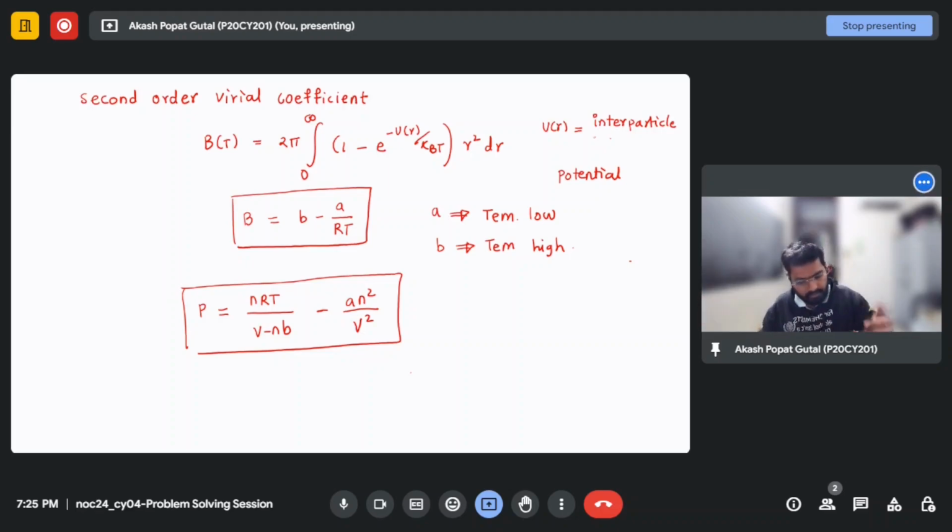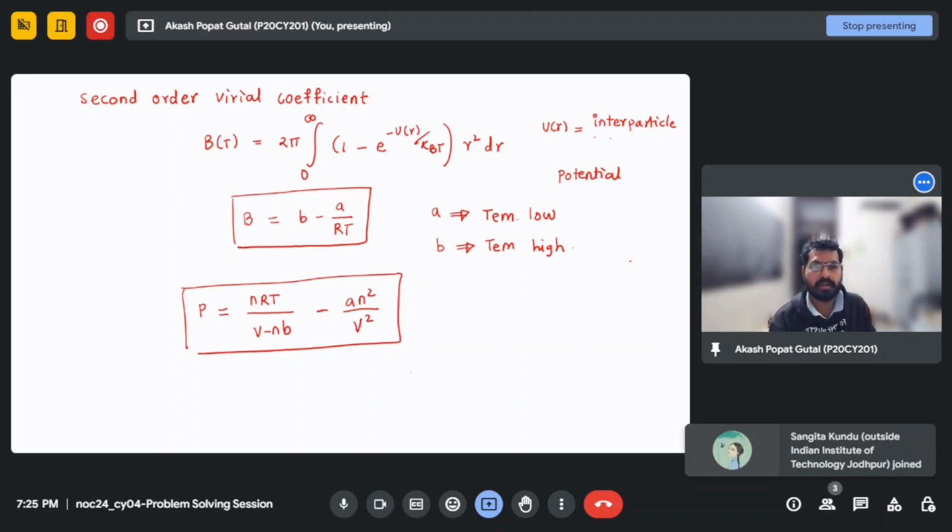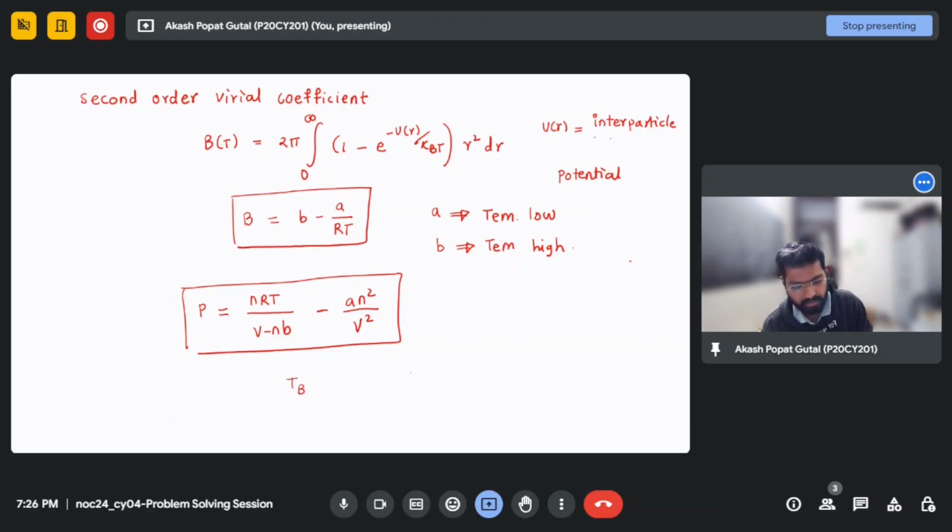And the next thing that we found is that when any real gas approaches ideal behavior, at that time the second order virial coefficient becomes 0. And the temperature where the real gas behaves like an ideal gas is called TB, which is nothing but the Boyle temperature.